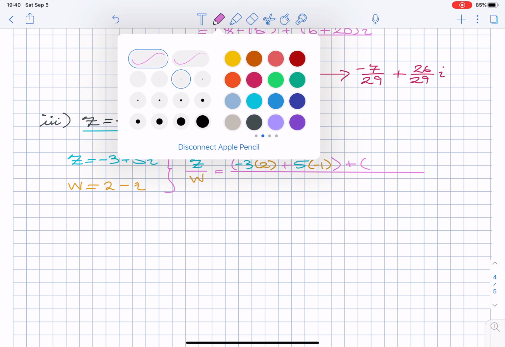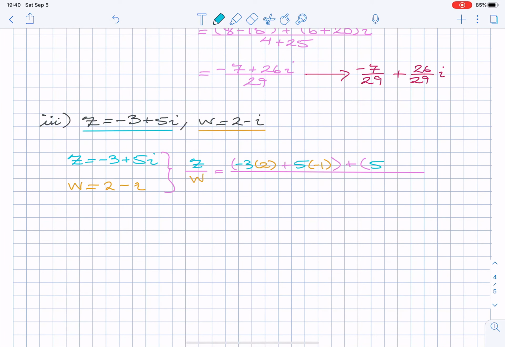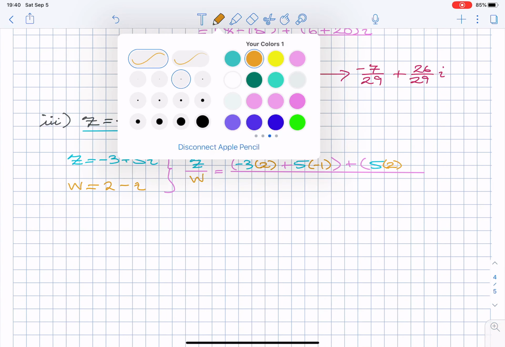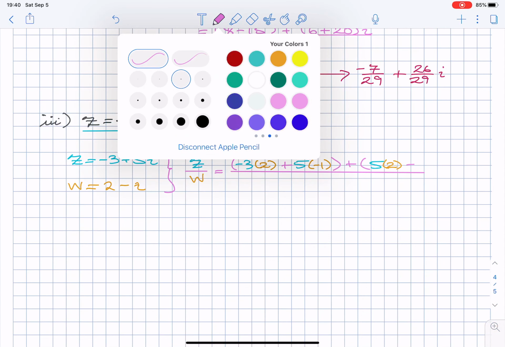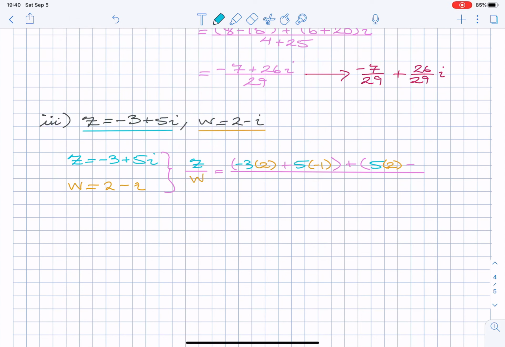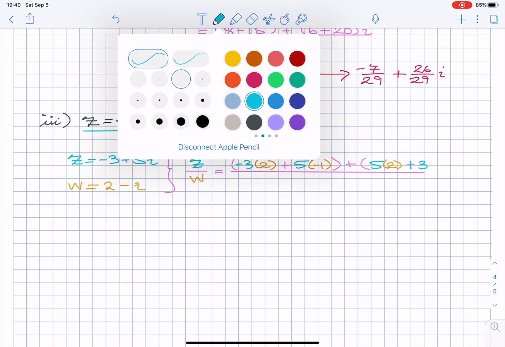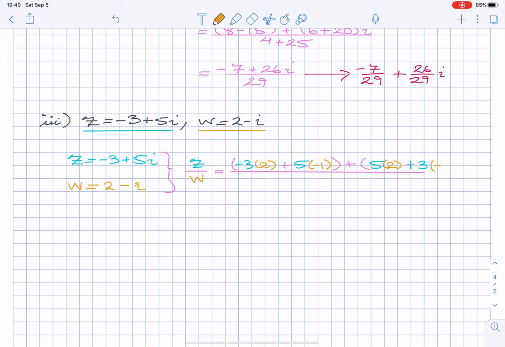BC is going to be 5 times 2. And I'm going to subtract from that negative 3, so that becomes plus 3 times a negative 1, AD.